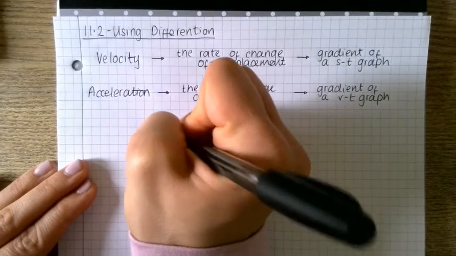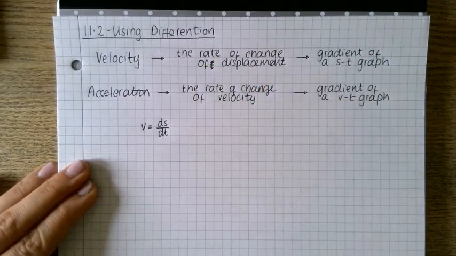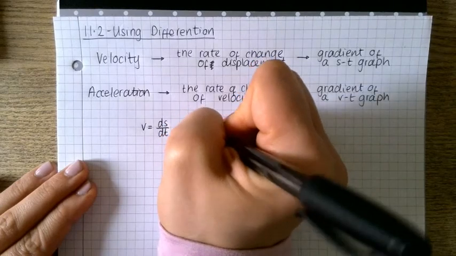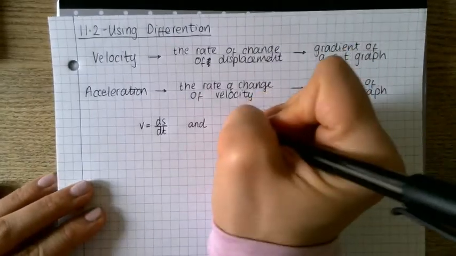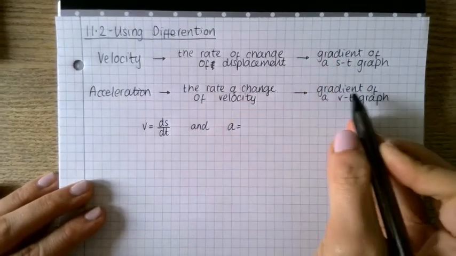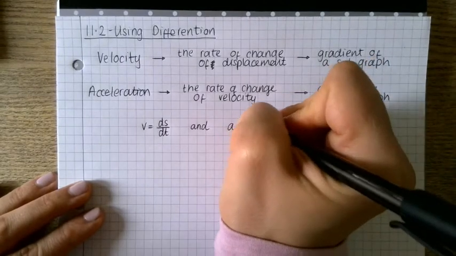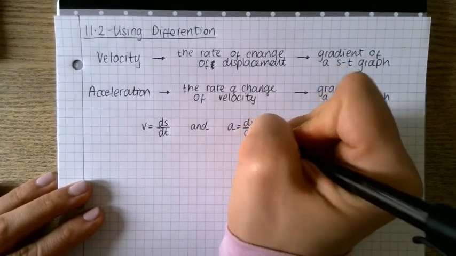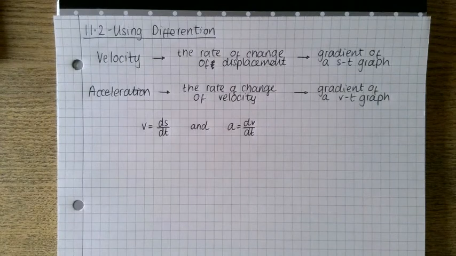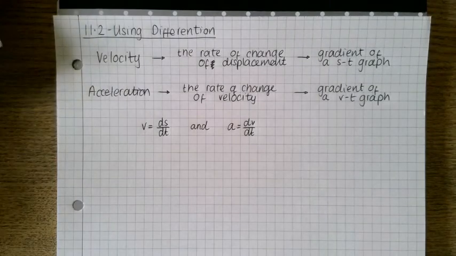And the second is that we can find acceleration by working out the gradient of a velocity time graph. So these two facts are ones that we should state at the beginning of questions, and they will help us to solve the problems that we come across.